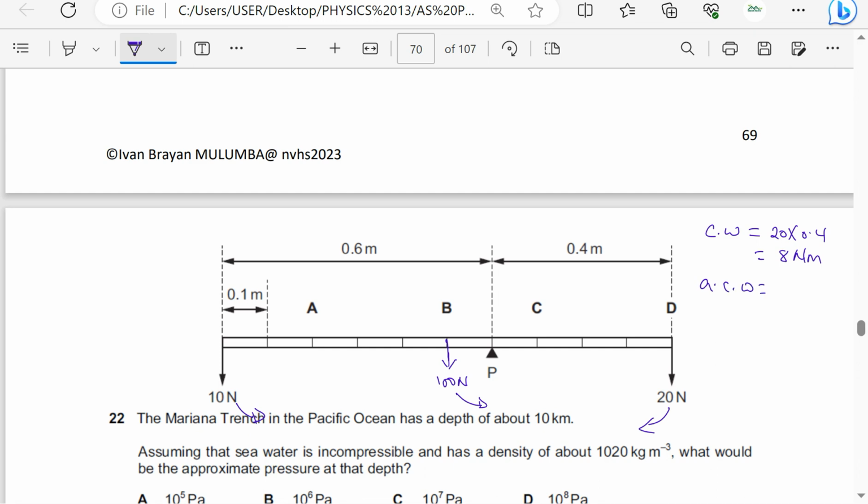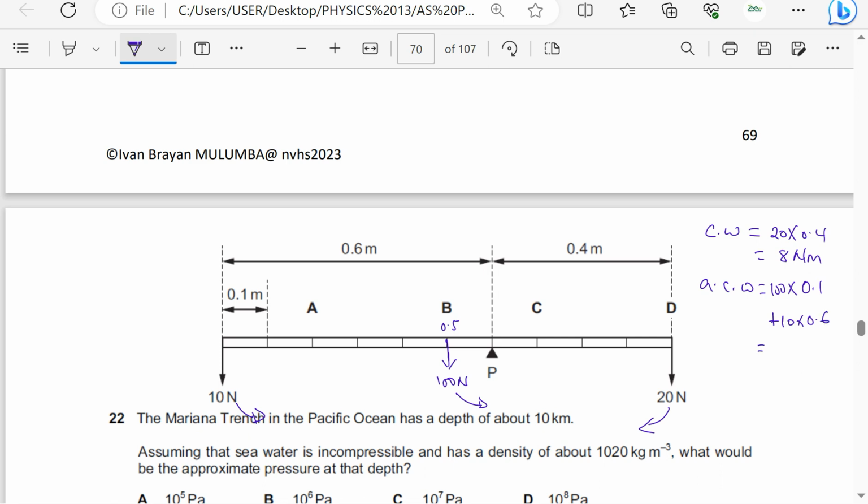Anti-clockwise moments will be 100 times, because this is at 0.5 and this is at 0.6, so this is times 0.1, plus 10 times 0.6.